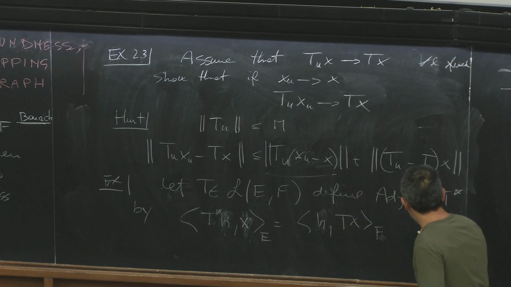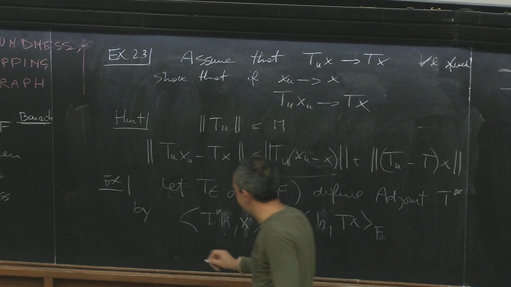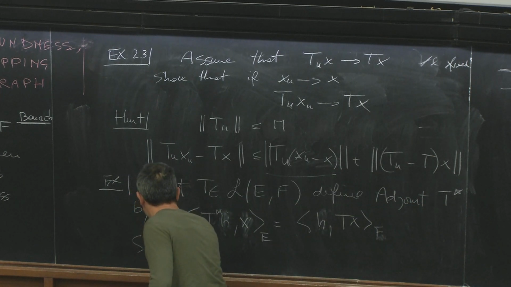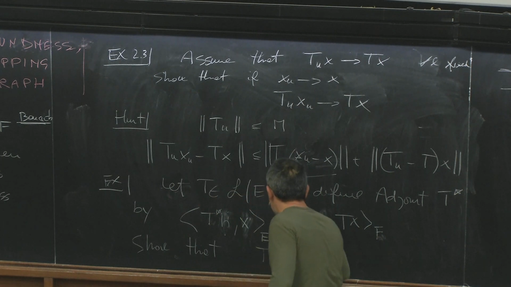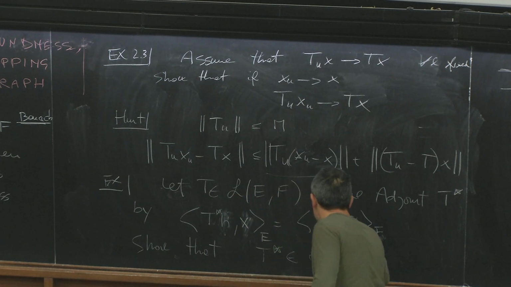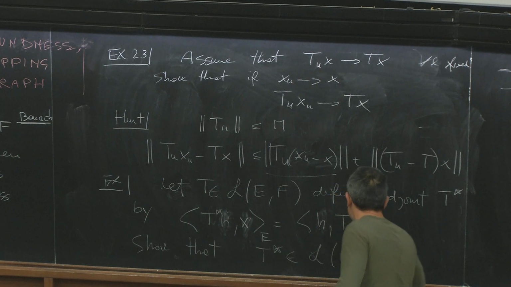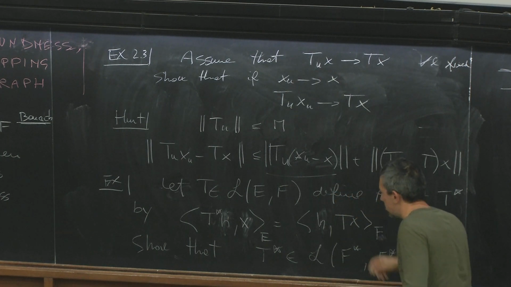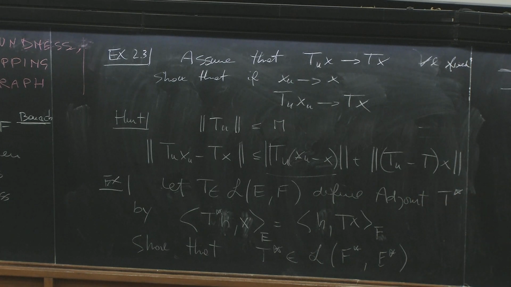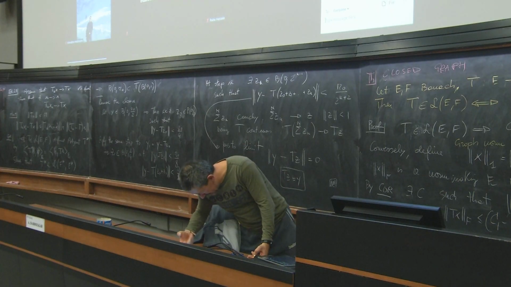So this T star belongs to the bounded linear operators from F star to E star. And actually, it's the same norm. These are just elementary, something easy to see here.